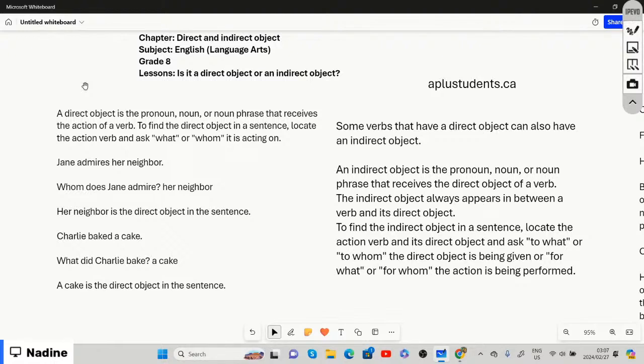And the lessons that we're going to be focusing on under this chapter are: is it a direct object or is it an indirect object? So we're going to find out what is a direct object and what is an indirect object.